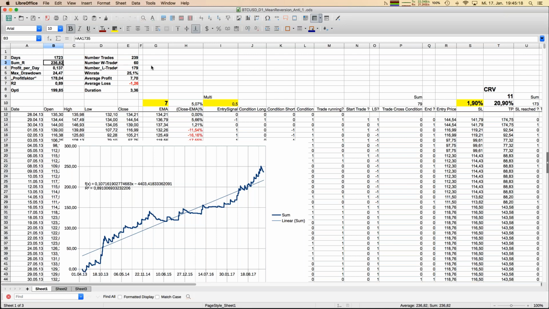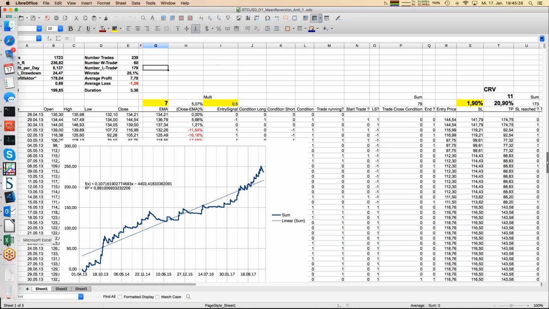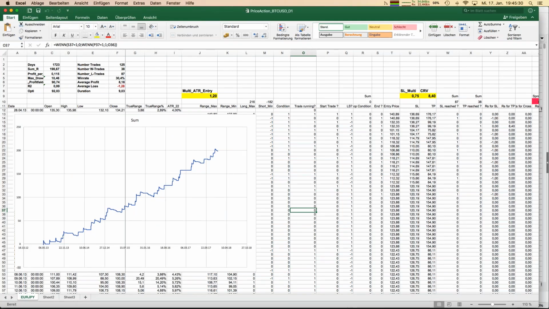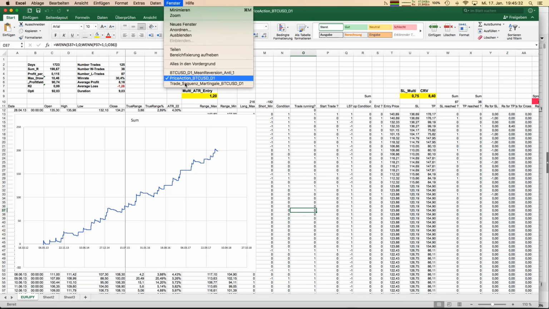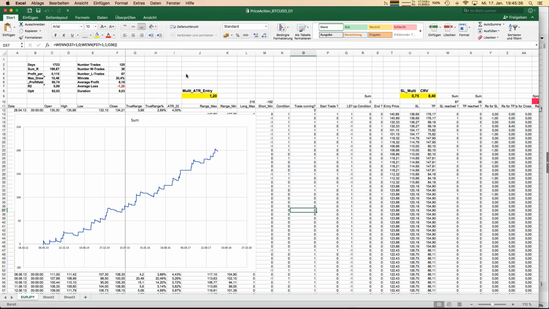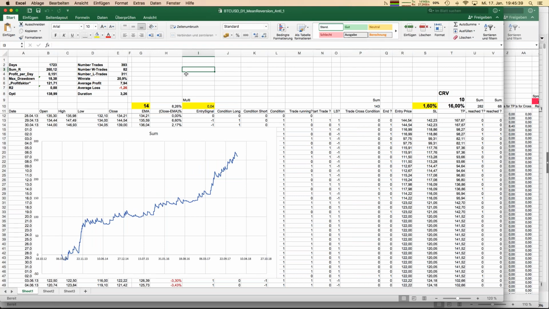I have done this. You know that normally I do all my work in LibreOffice and not in Excel, but for that kind of optimization I use from time to time the solver within Excel, and then we finally get an equity which looks like this. It's even a little bit better.